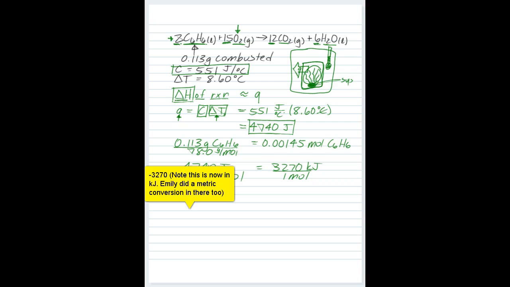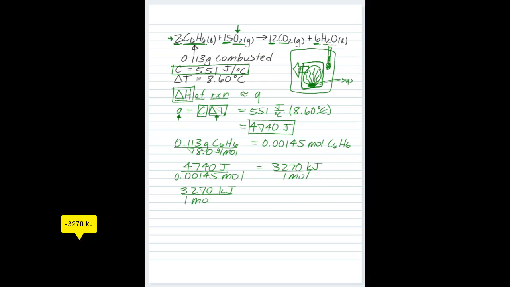In our thermochemical equation, we are burning 2 moles of benzene. So I have to do yet another conversion. I can do all these things at once, but I think it's more conceptual to separate them out. 3270 kilojoules over 1 mole of benzene. But actually we have 2 moles of benzene in our thermochemical equation, so I'm going to multiply it by 2.